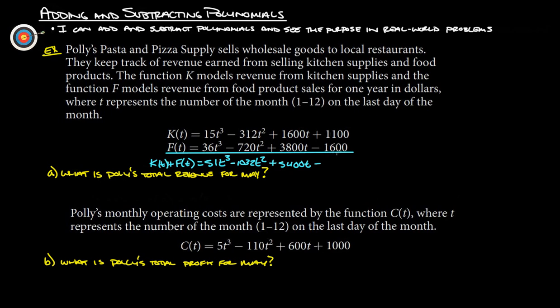The 1600 is the bigger of the two, so we keep that sign, subtract those two, and we get 500. So we just added two polynomials together here.